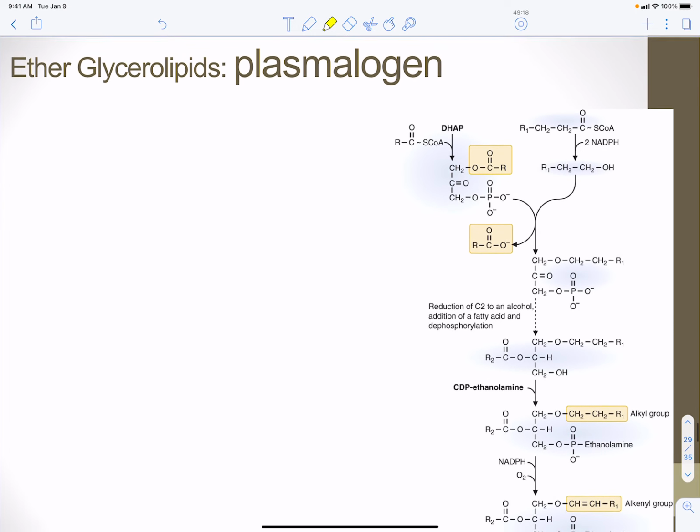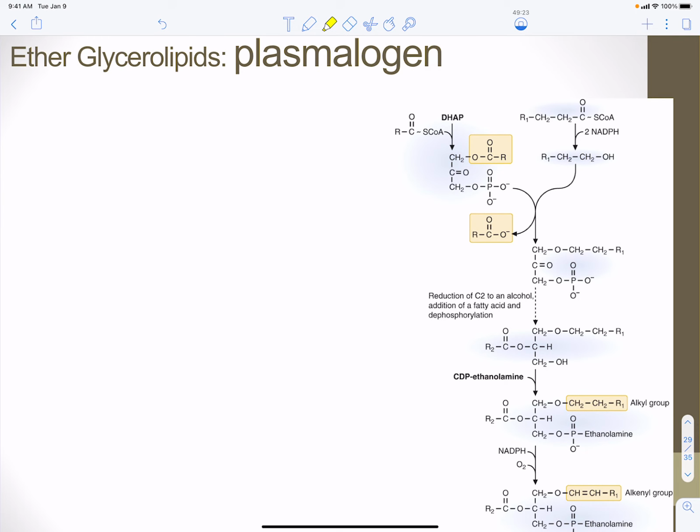Now our ether glycerol lipids, again, an example is plasmalogen. These are going to be synthesized by the intermediate dihydroxyacetone phosphate.